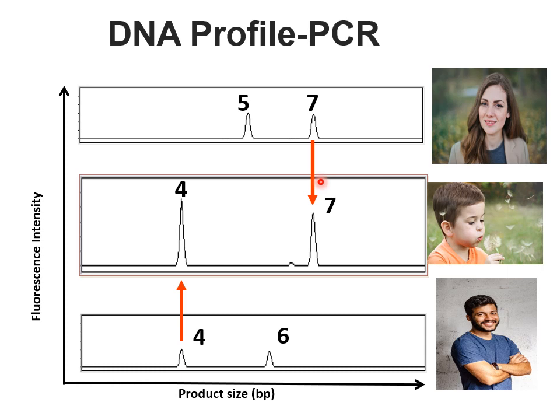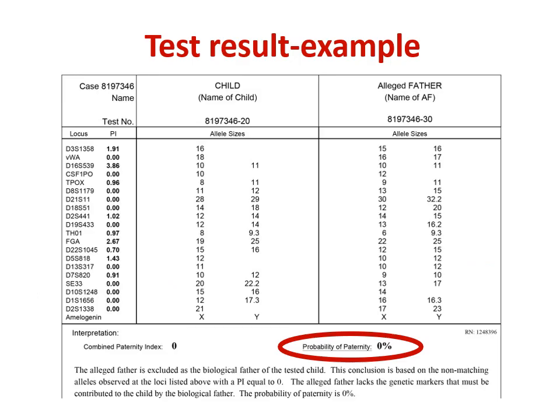So now let's see an example of test results. On the slide you can see the negative test result. So it means the paternity was excluded and the probability of paternity is 0%. In this column we have the loci which were analyzed.